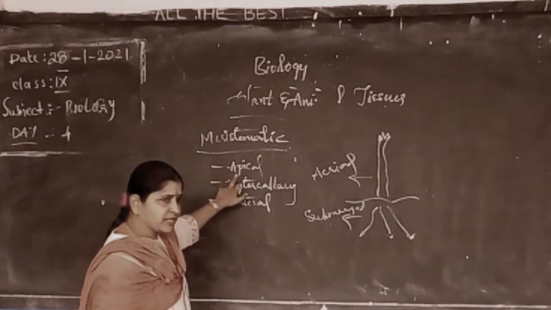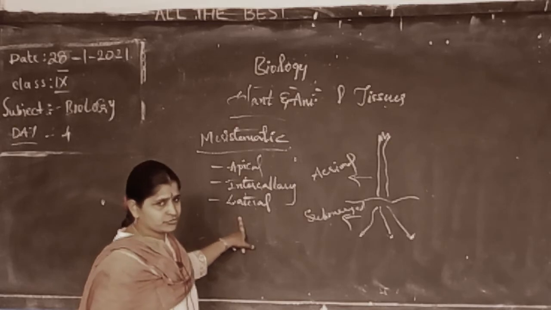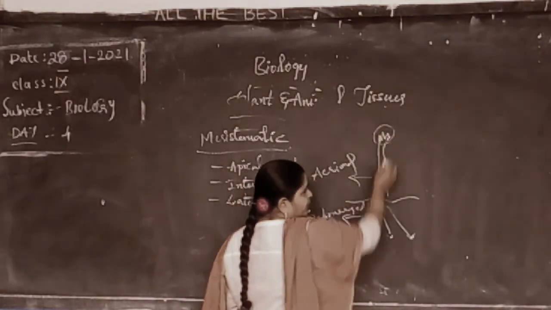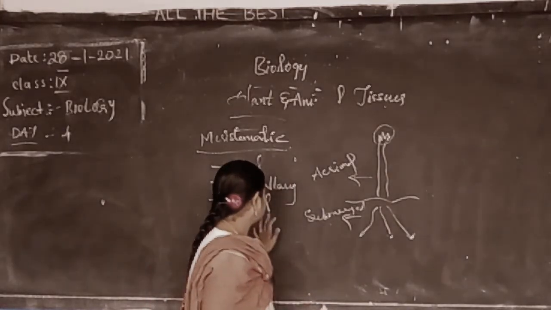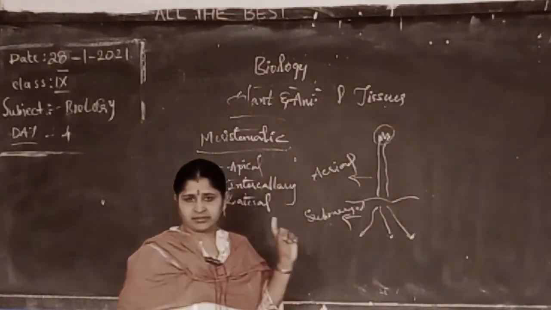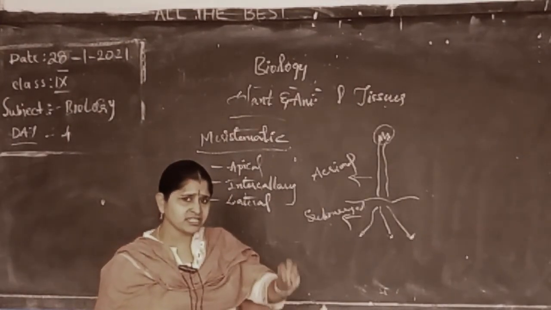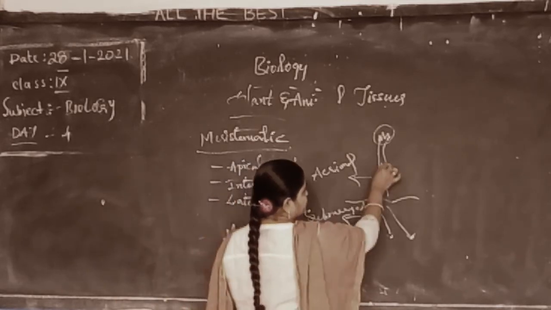What is apical meristematic tissue? First, apical meristematic tissue is at the tip of the plant, where growth occurs. Here, very actively dividing cells are present. Then the intercalary meristematic tissue is present here.